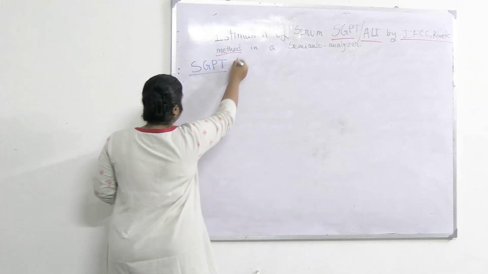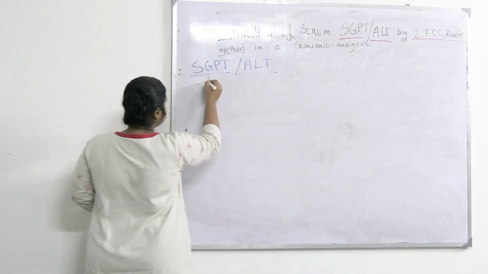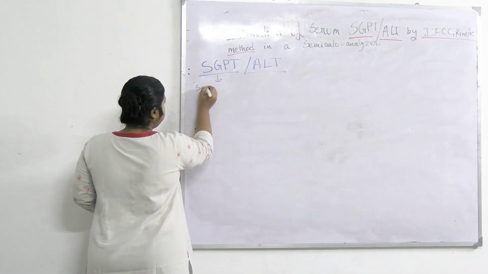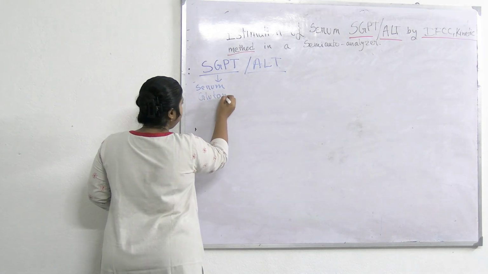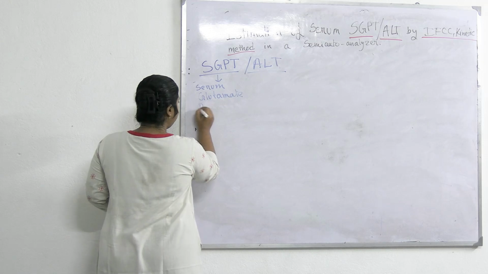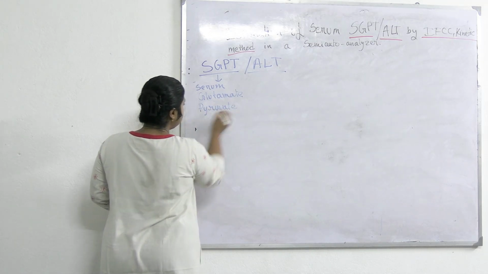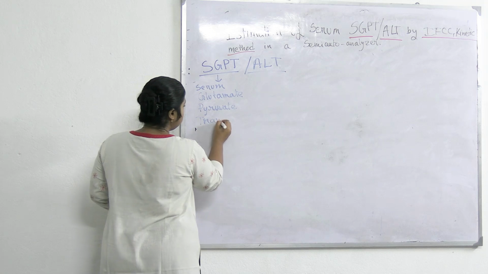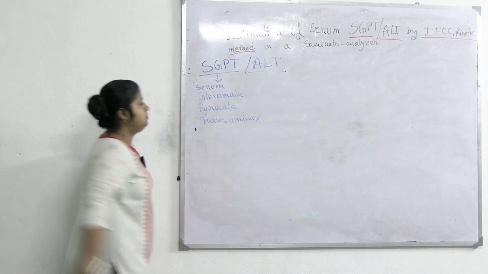What is the full form of SGPT or ALT? Serum glutamate, P for pyruvate, transaminase.